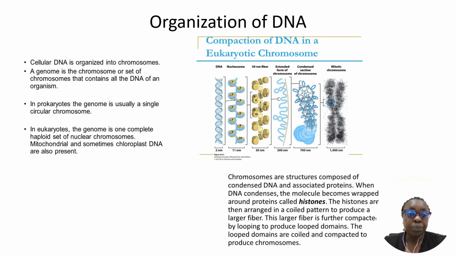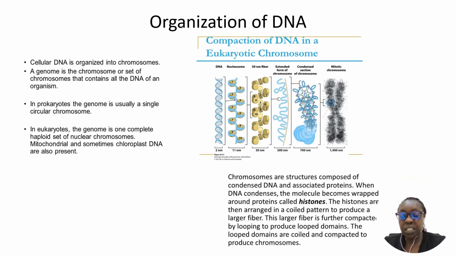So in prokaryotes, the genome is usually a single circular chromosome, which is different from eukaryotes, which can have several chromosomes, and usually they're a set. Mitochondria and chloroplasts sometimes have DNA, but their DNA is usually circular.